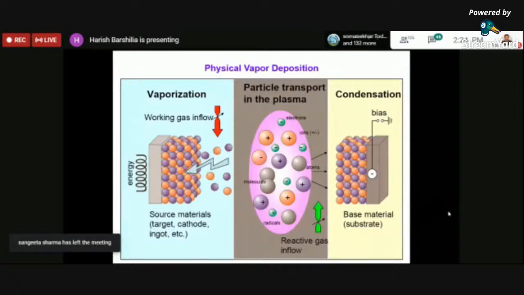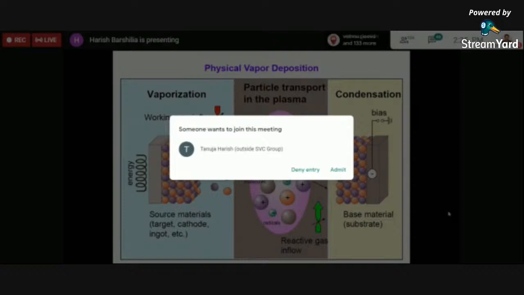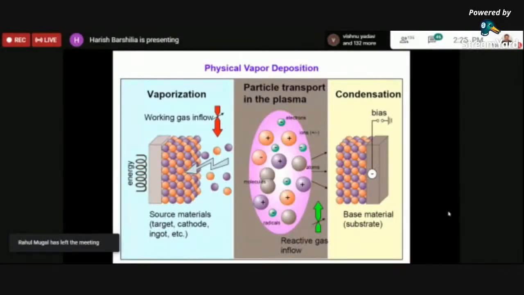Now this plasma can be achieved by simply applying the potential between two electrodes, the way we do in our home tube lights. Or you can apply very high temperatures, and then the sublimation of material takes place.